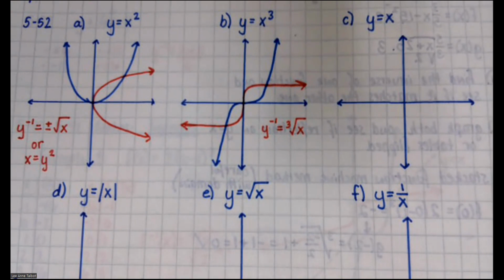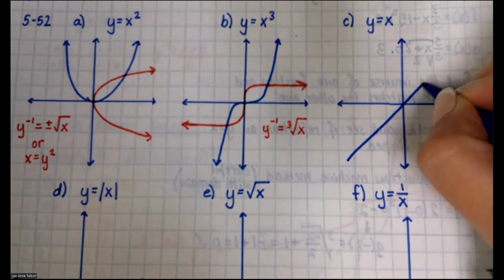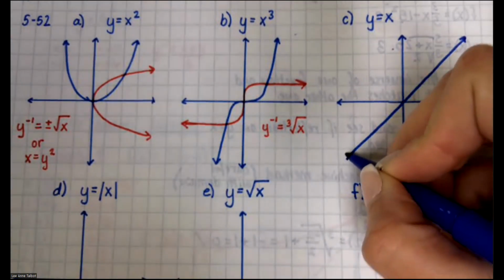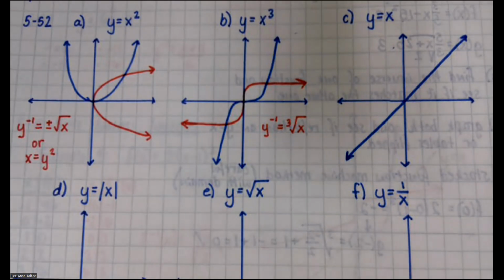Okay, this is a fun one, but it really hurts my heart. Y equals X. This is the parent graph of a line. There's the original. You should know that from your line of reflection that we draw every time. However, why does this hurt my heart? Because I'm using flair pens and the line of reflection's already there. What would the inverse be?